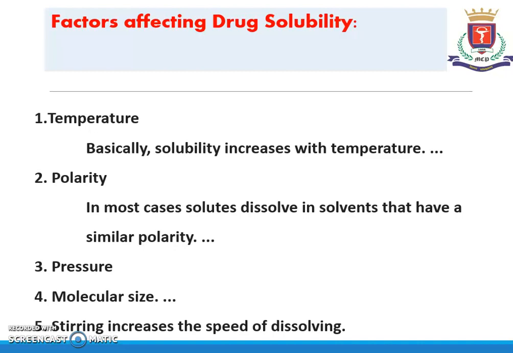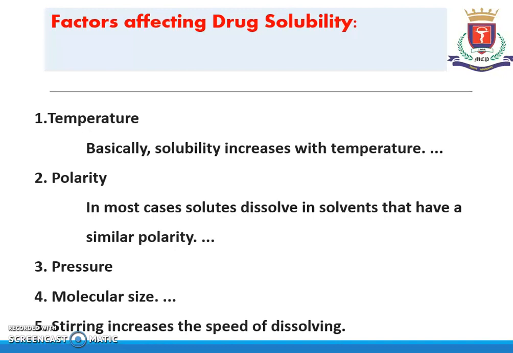Now, while considering the drug solubility, which are the factors that will decide drug solubility? These are some basic factors we are discussing here from the list of so many factors. An important factor is the temperature. As we understand, as temperature increases, there will be increase in the solubility.